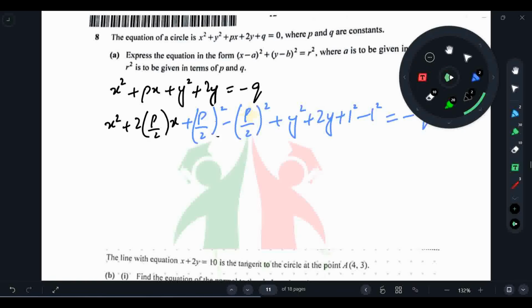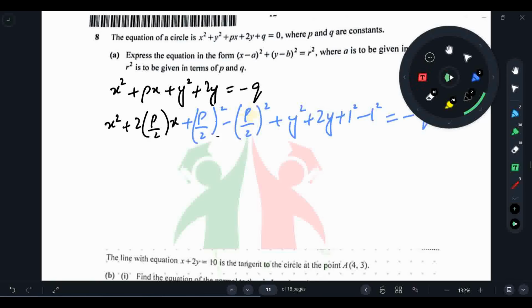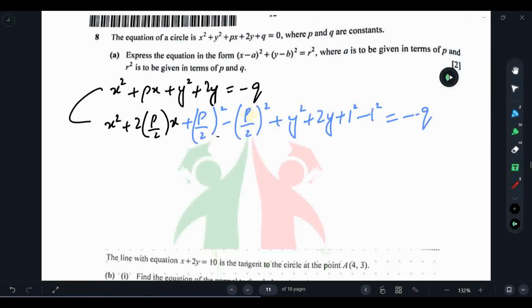I hope that this thing is clear to all of you. We can say that these two expressions will be the same because we can cancel out these two terms, this one with this one, and plus 1 square with minus 1 square, and this 2 with 2.